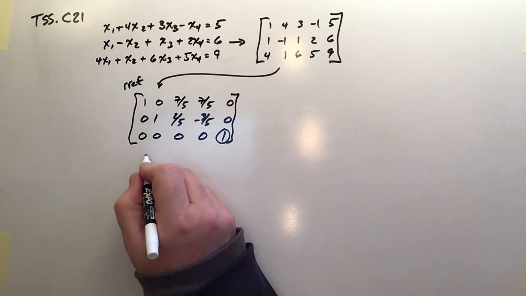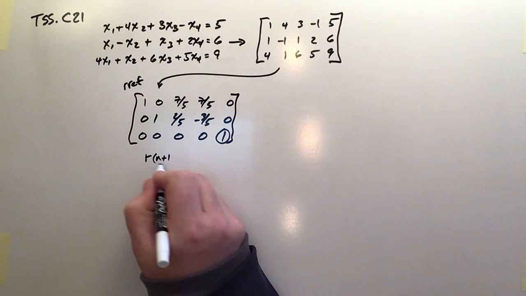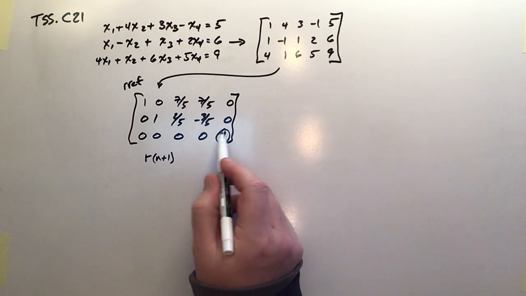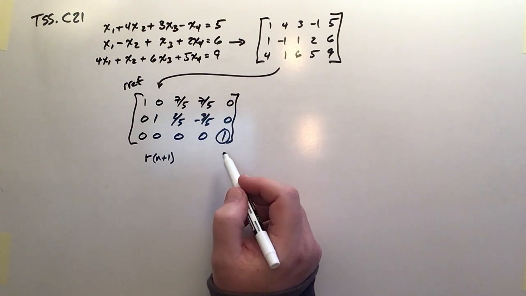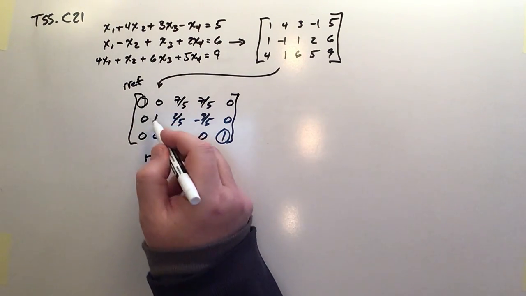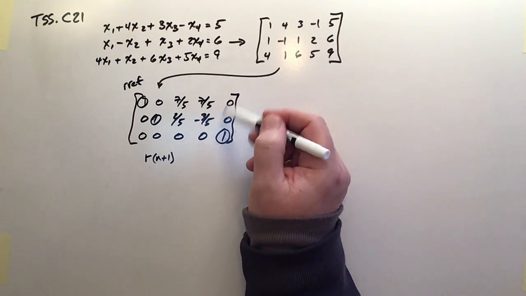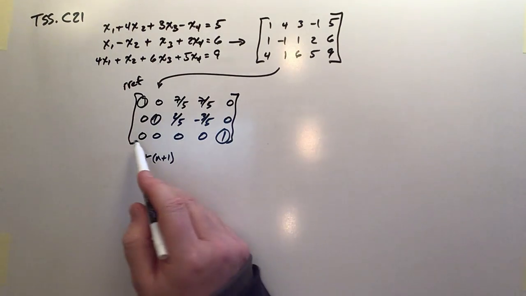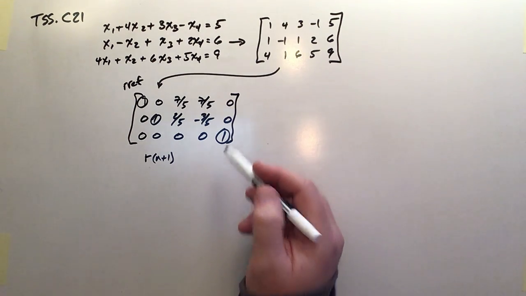Anytime you get a pivot in row n plus 1, in other words, you get a pivot right there in column n plus 1, then you've got real problems. These pivots aren't an issue at all. They don't cause problems. They sort of set us up to maybe have a variable set of solutions. But this final line is the death knell for the system.